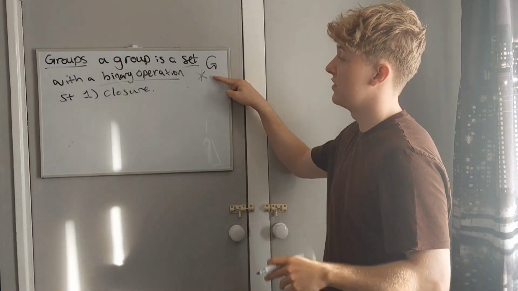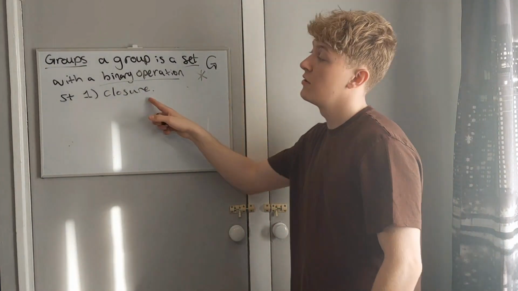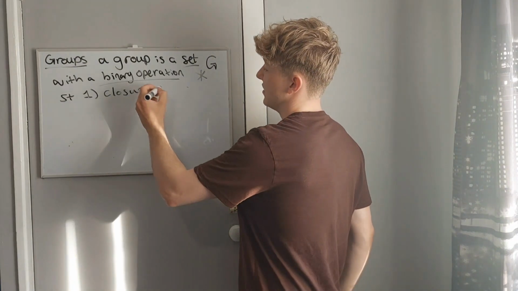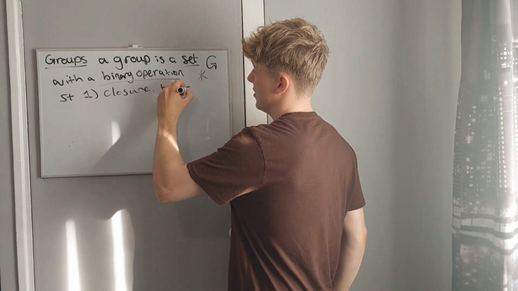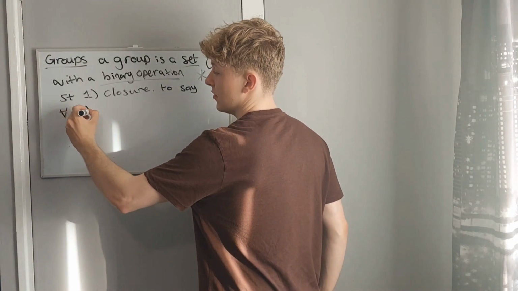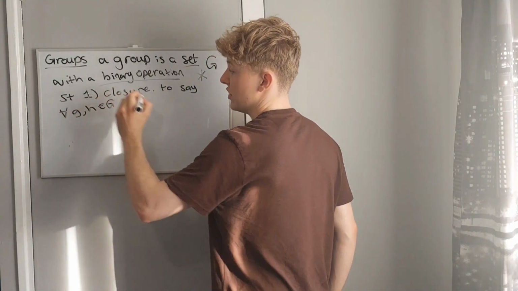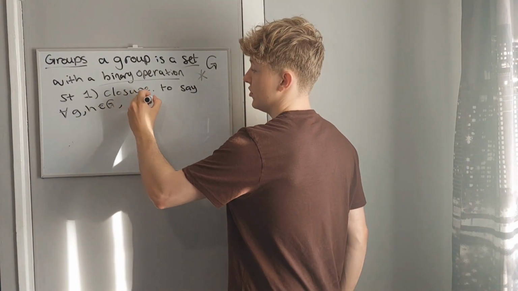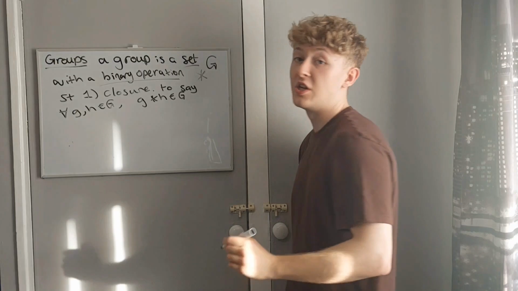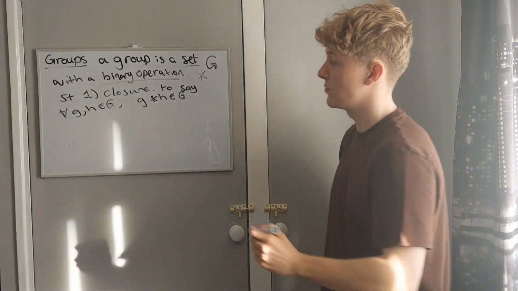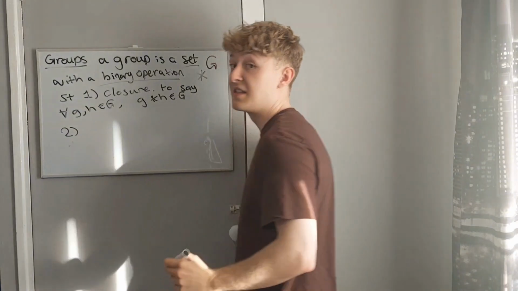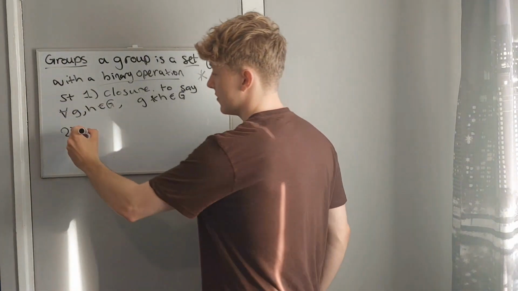So actually, if this star is a binary operation, we will have closure every single time anyway. But this is to say, for any g and h in G, g star h is in G.